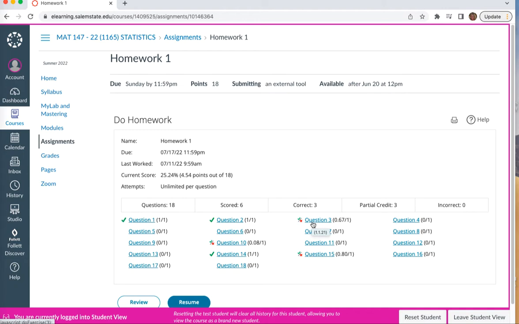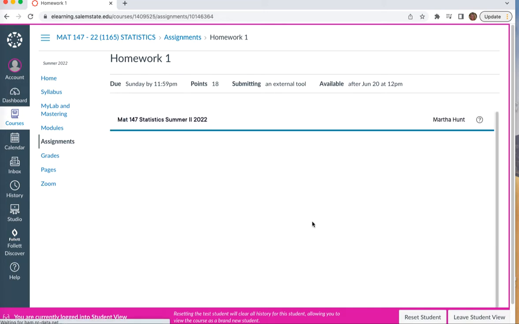You can revisit the homework as many times as you like and redo the questions that you did not get completely correct. You can do that up until the due date. Let's look at question 3.